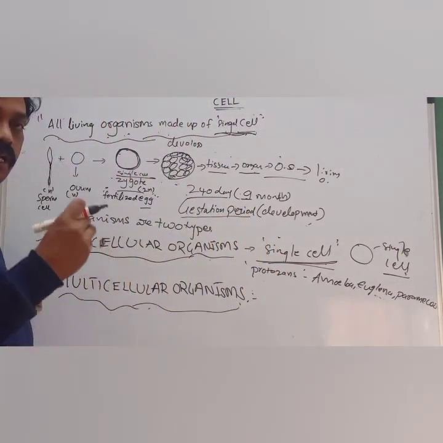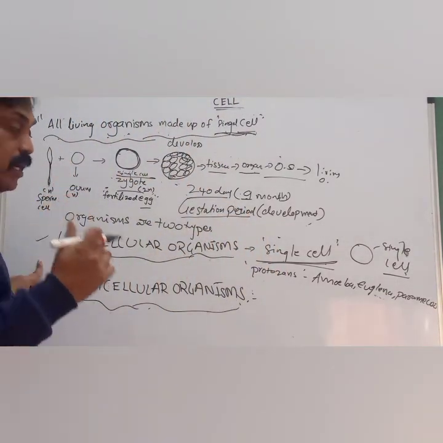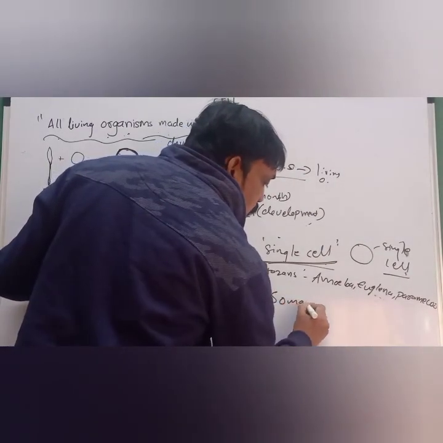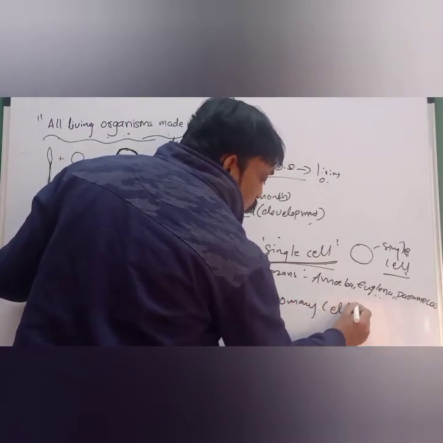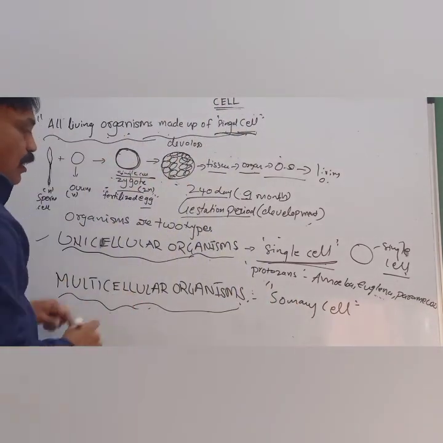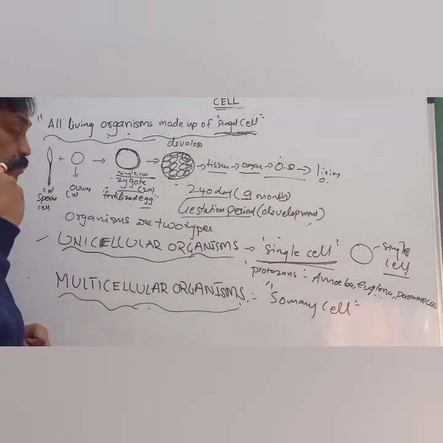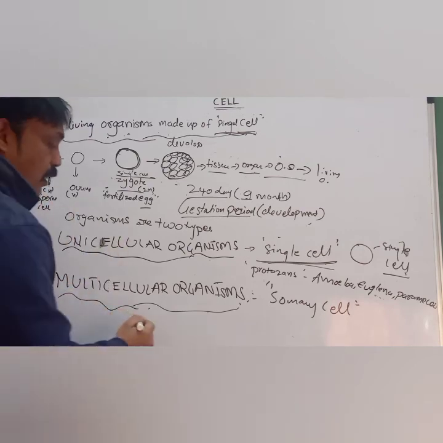Multi means many cells. Multicellular organisms are those whose body is made up of many cells.